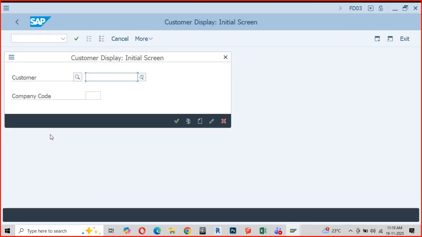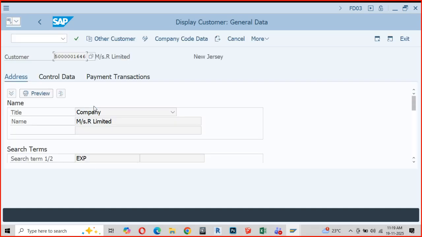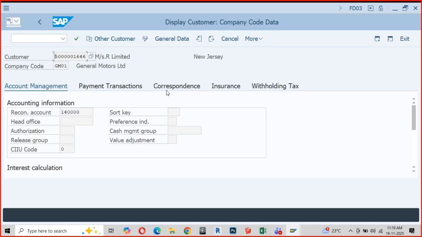So we are going to the display mode of customer 1646. Go to the company code tab. Here we have the correspondence tab.